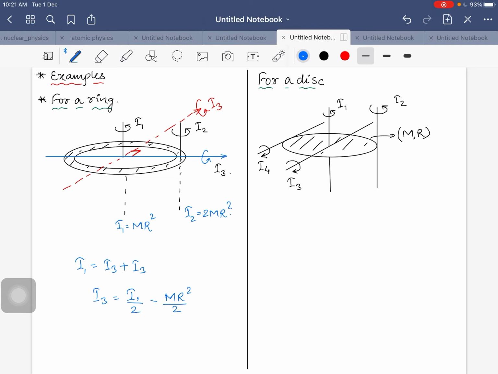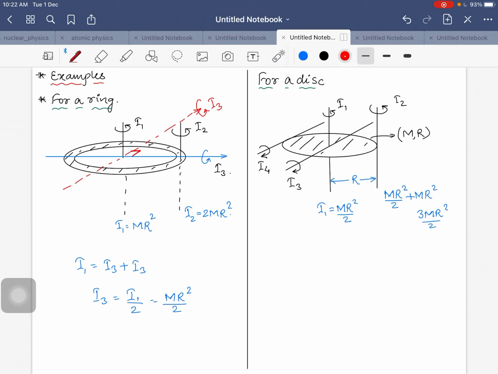Now here you see, for a disk I1 we know is mr square by 2. For I2, you apply the parallel axis; this distance is given as r. So what will I get? Mr square by 2, about the center of mass because it is passing through the center of mass, plus m into r square, as the distance between them is r, so it will be 3 mr square by 2.